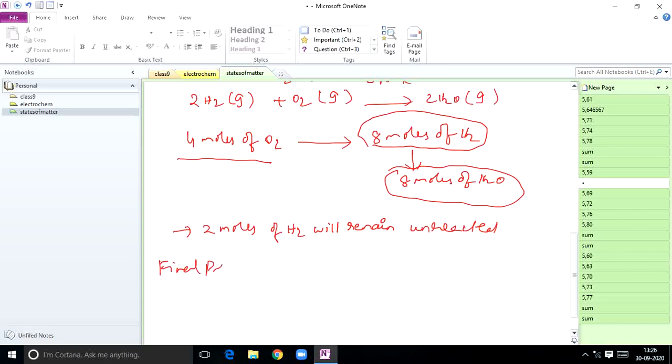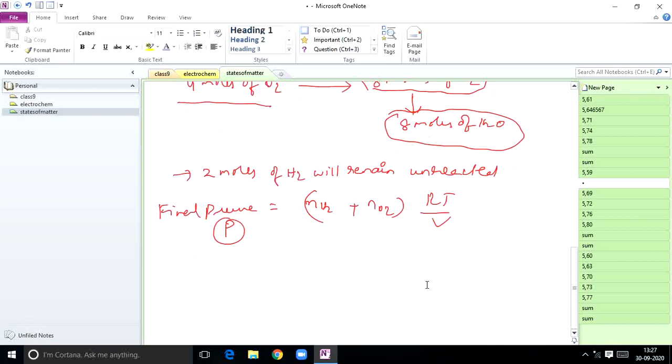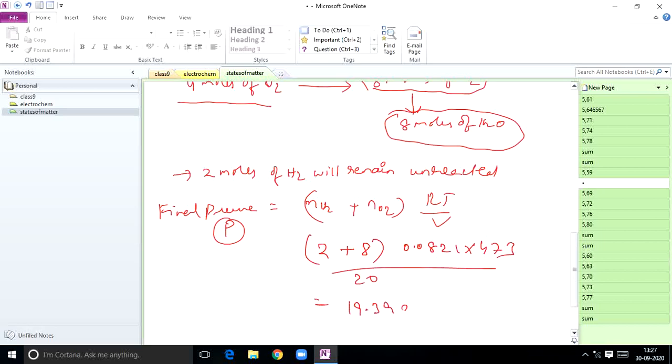P final is equal to the number of moles of hydrogen plus number of moles of oxygen into RT by V. So here for the number of moles of hydrogen, I am taking only 2. 2 moles of hydrogen will remain unreacted, so that also I have to consider. 2 plus number of moles of oxygen, I am taking 8 after the spark is supplied. So 0.0821 into temperature 473 by 20. So we'll get 19.39 atm. Be careful in the last step.